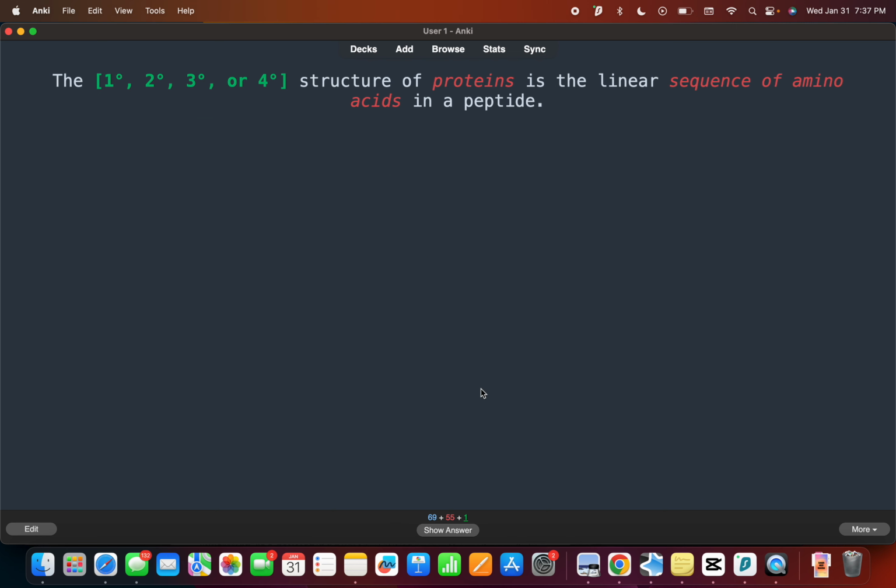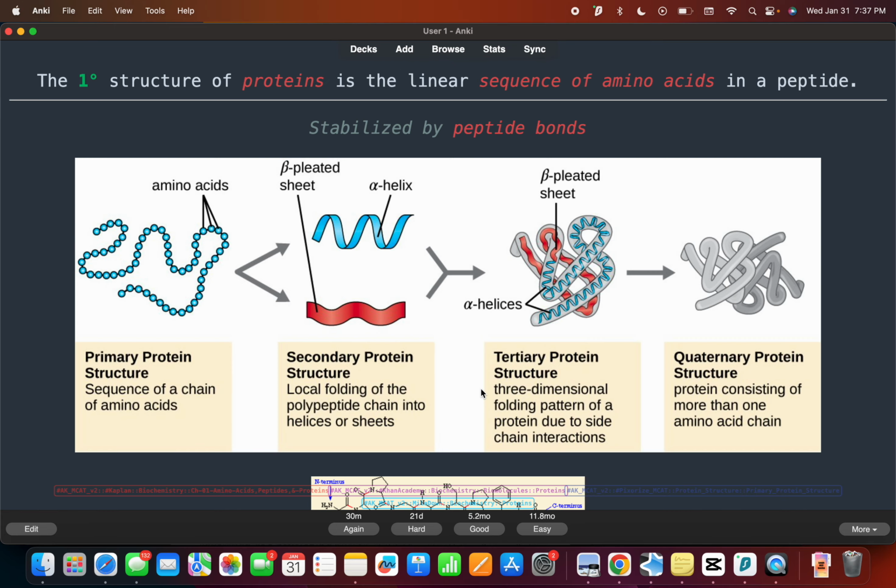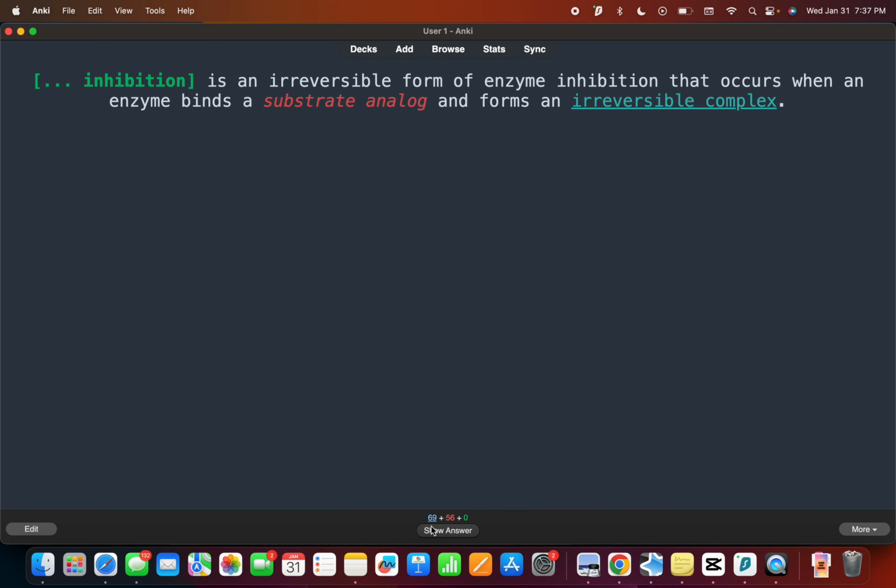What structure of proteins is the linear sequence of amino acids? It is the primary structure, stabilized by peptide bonds. What inhibition is an irreversible form of enzyme inhibition that occurs when an enzyme binds a substrate analog and forms an irreversible complex?